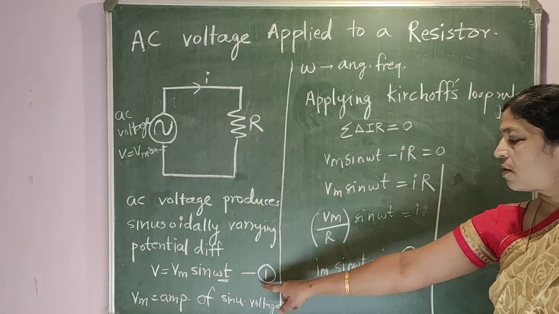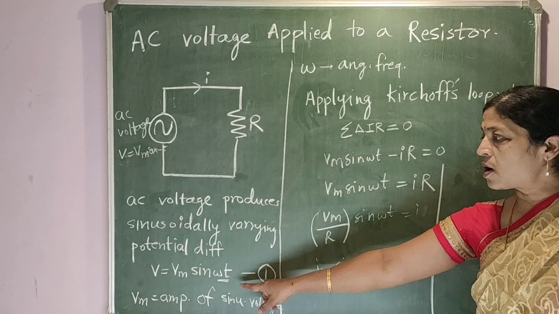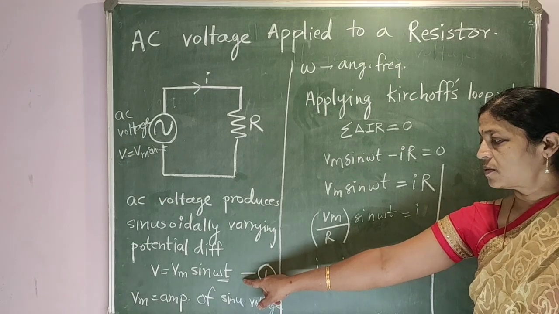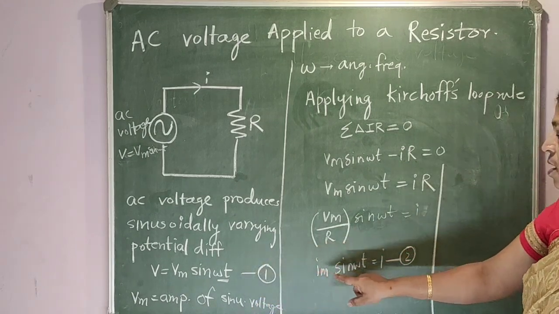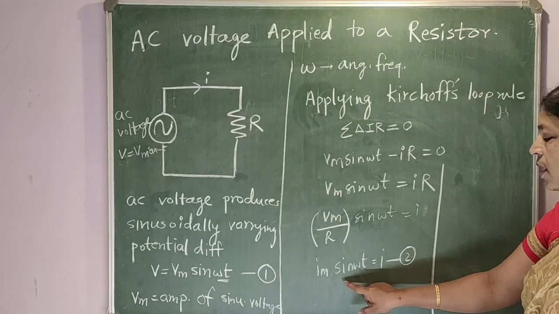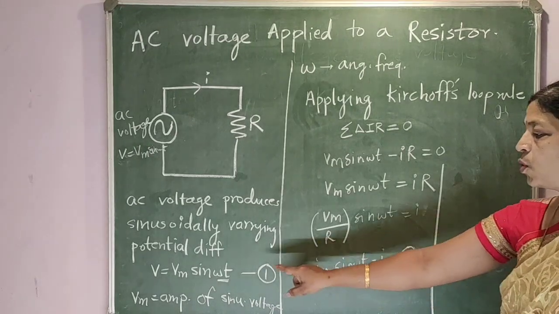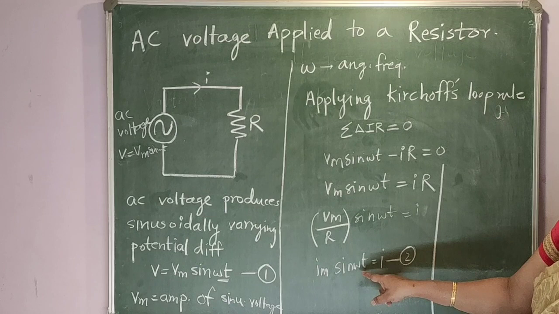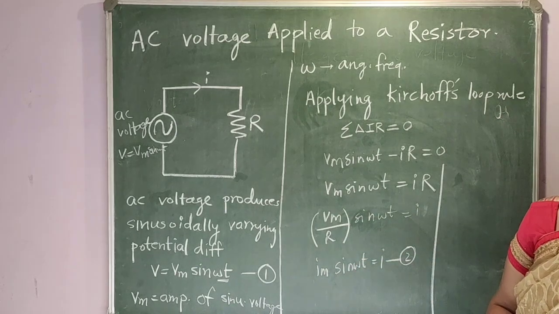When you observe equation 1, which is for our AC voltage, it produces an AC current, alternating current, and if you observe both equations, the phase in both equations is the same.